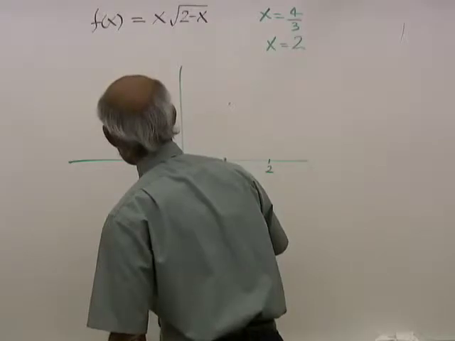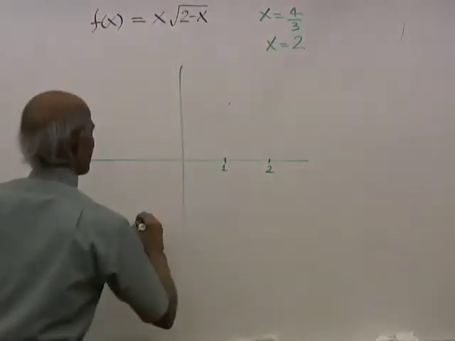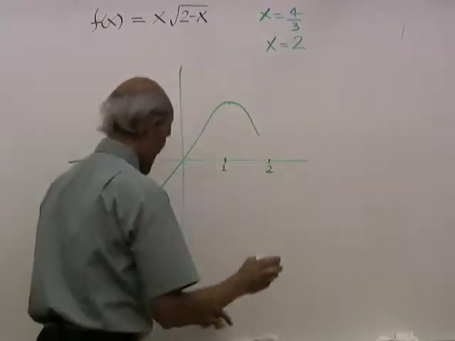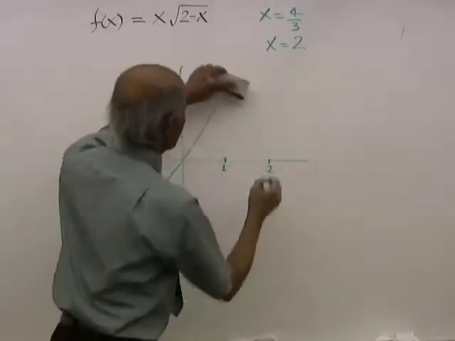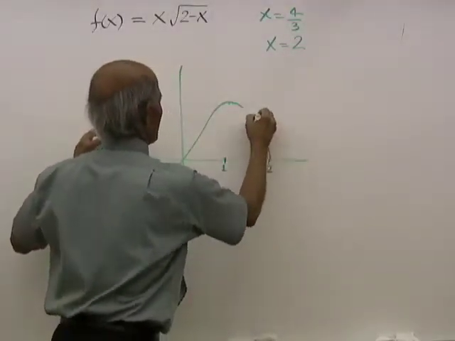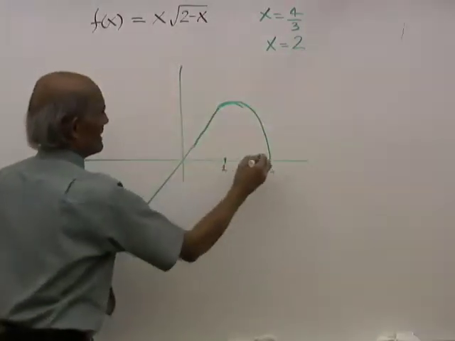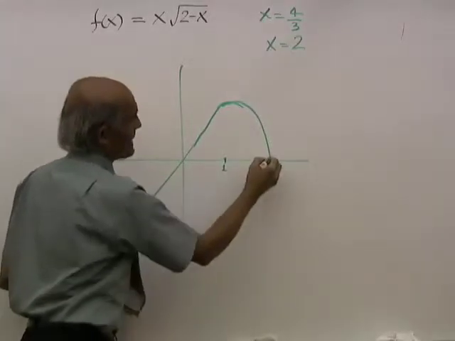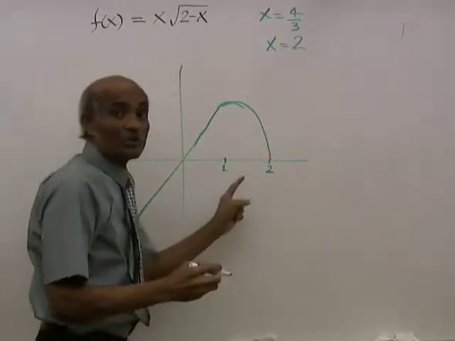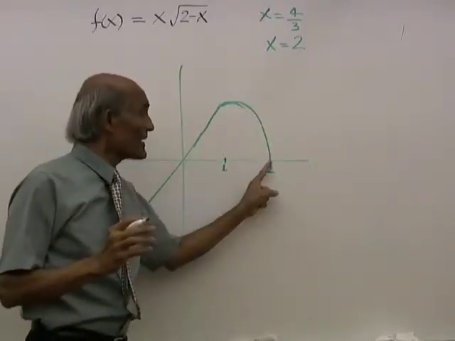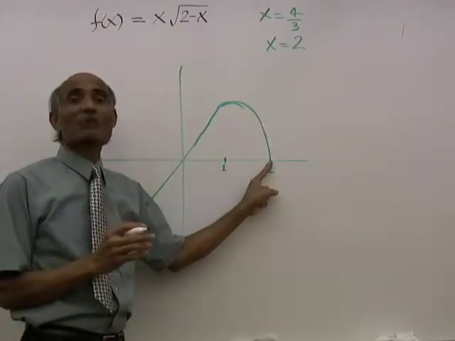I hope you got the graph by now. I think it will go somewhere like this. At x equal to 2, you would notice when you draw the graph that the graph will stop there. This is the last output you get.